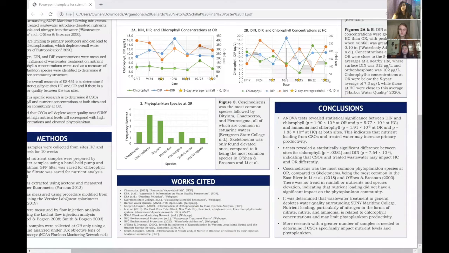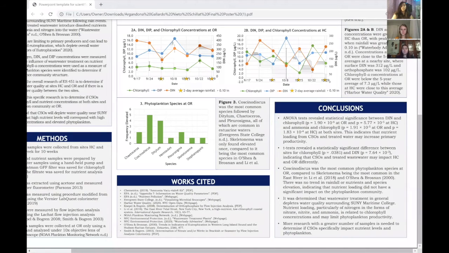The most common was Thalassiosira, a phytoplankton species at site OR, in comparison to Skeletonema, which was the most common species in the East River in the papers of Lieta and Roshan. This represented that there was no trend in rainfall and nutrients and species elevations, indicating that nutrient loading did not have a significant impact on the phytoplankton community.